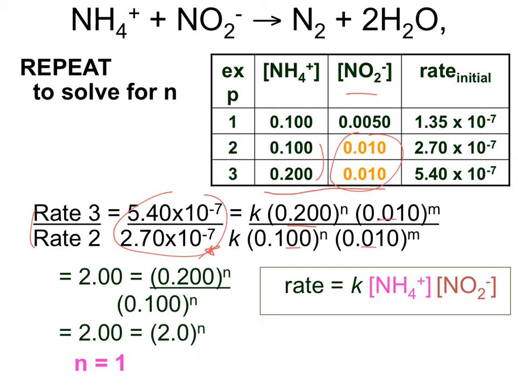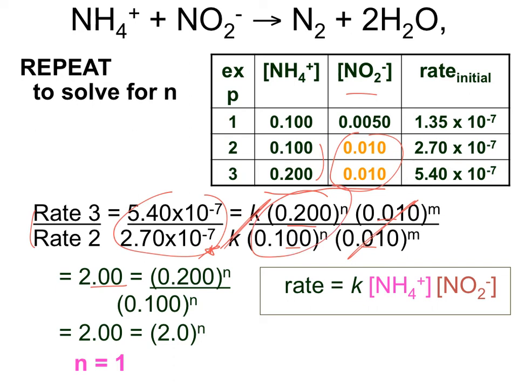The ones that overlap, so my concentrations here and my M values, as well as our Ks, are going to cancel each other out. When we divide our 5.40 times 10 to the negative 7 by our 2.7 times 10 to the negative 7, that's going to give us 2. Then we end up with our 0.2 to the N divided by our 0.1 to the N.